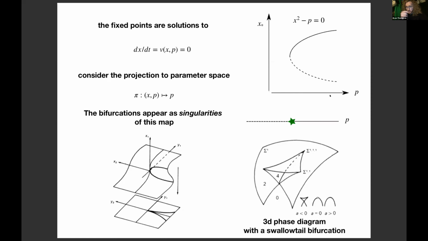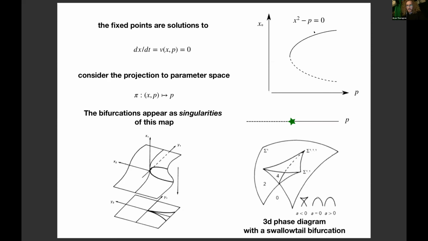And bifurcations, now here's the key observation, the special thing about the saddle node bifurcation here is that that's where this curve is changing direction relative to the vertical line. So that's going to be a singularity of the map from this curve to the p-axis.